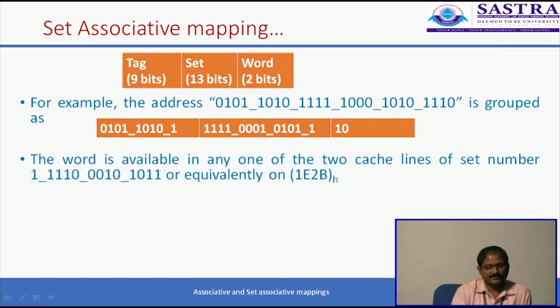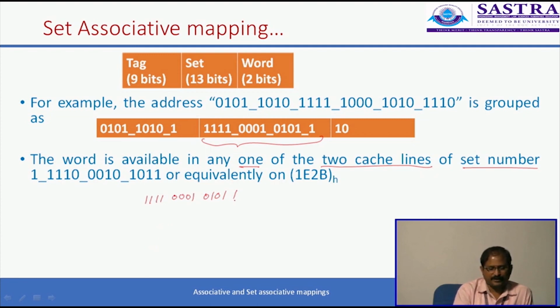The word is available in any one of the 2 cache lines of set number, this number: 1 1 1 1 0 0 0 1 0 1 0 1 1.